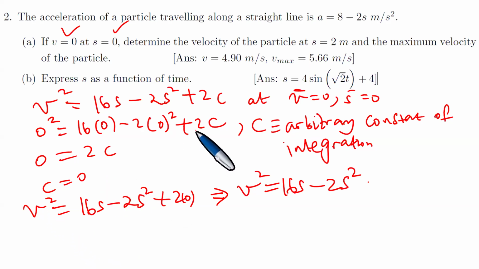Because now c is 0, we get this. But now we come to this point. We need to find the velocity of the particle at s equals 2. And then we shall be able to get the maximum velocity of the particle as well.